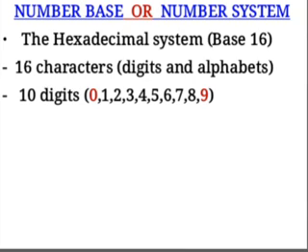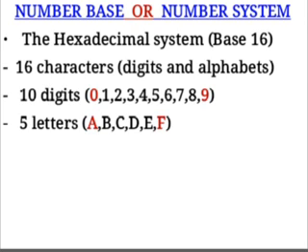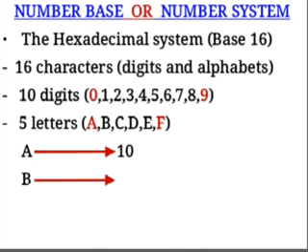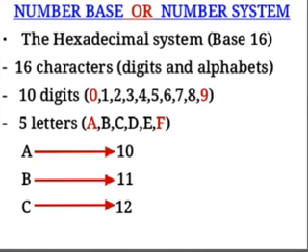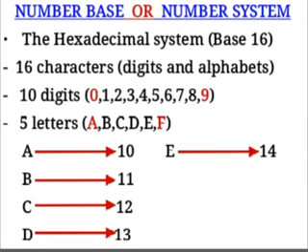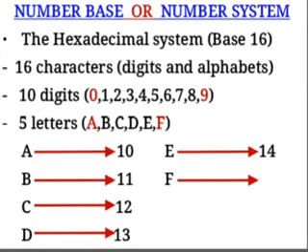But since there are no more digits after 9, without the repetition of the already mentioned digits, that is 0 to 9, the hexadecimal system makes use of 6 letters, A to F, to represent numbers greater than 9. So, A represents 10, B represents 11, C represents 12, D represents 13, E represents 14, and F represents 15.